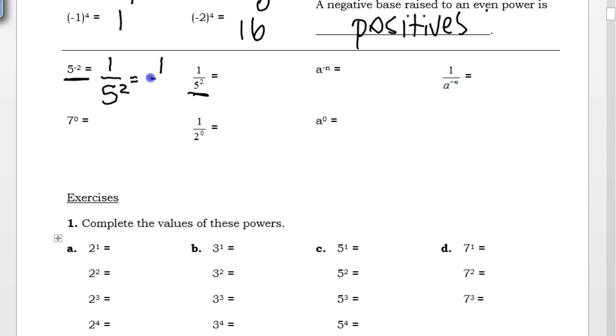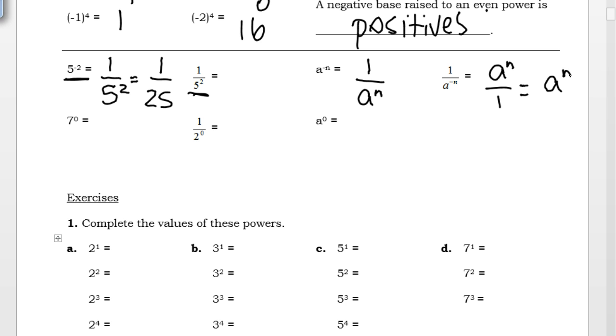I can do 5 times 5 to get my answer of 1 over 25. Where I have a negative exponent, I reciprocate, I flip it over, and the negative goes away. If I have a negative exponent in the denominator, I would flip that to the numerator. I can write a number over 1, but usually we don't, because the 1 is invisible in the denominator.